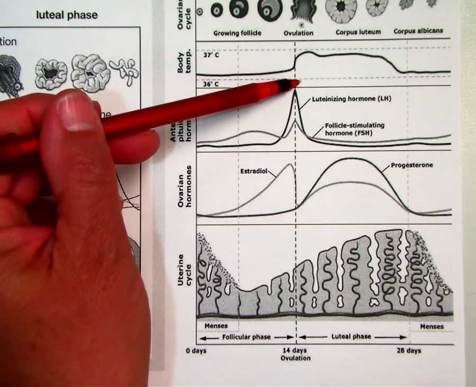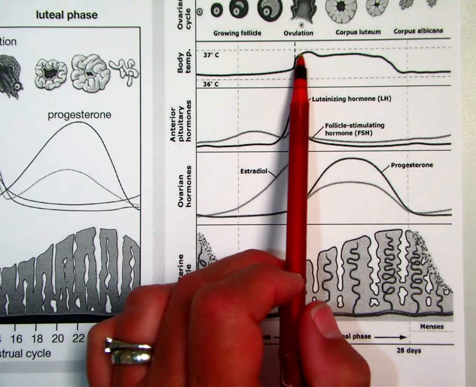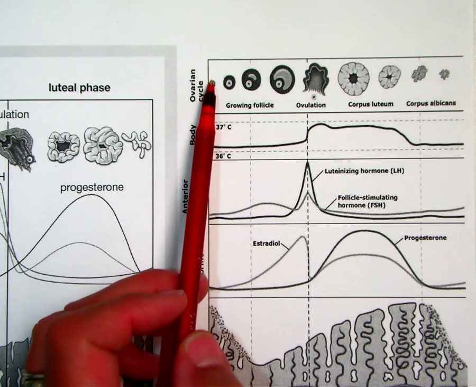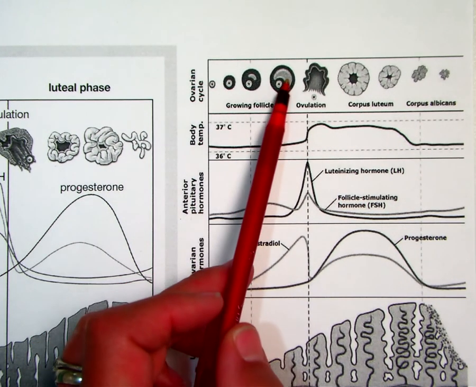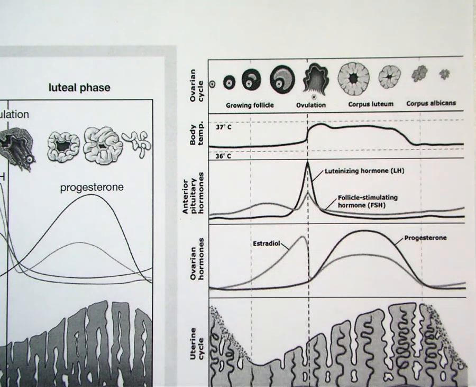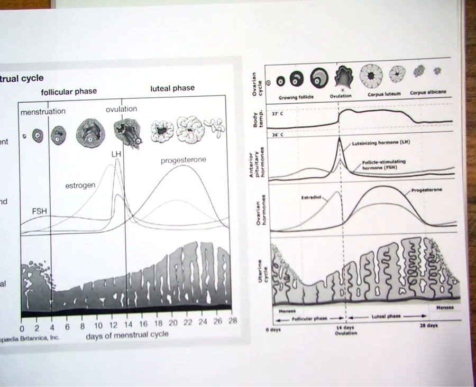You can see they peak at ovulation. Oh, they actually show the body temperature in this one going up. You can see that. And then this is a picture of the follicle. Okay, and then that turns into that corpus luteum and then shrivels up and it's done. All right, that's it for the part 1 video.